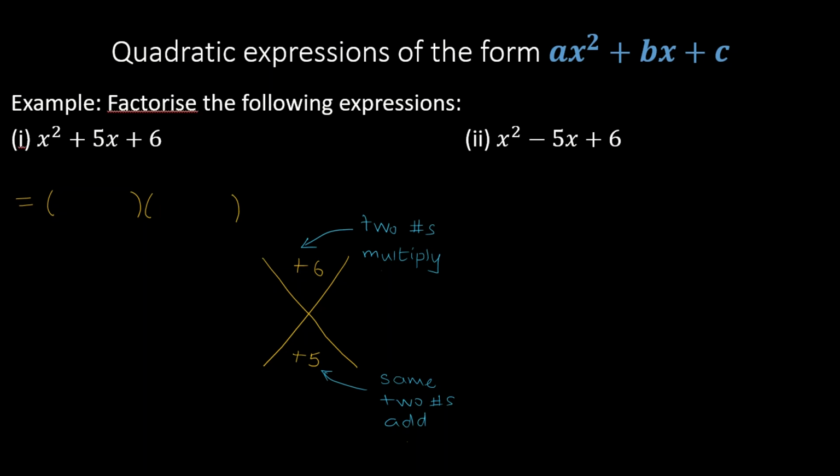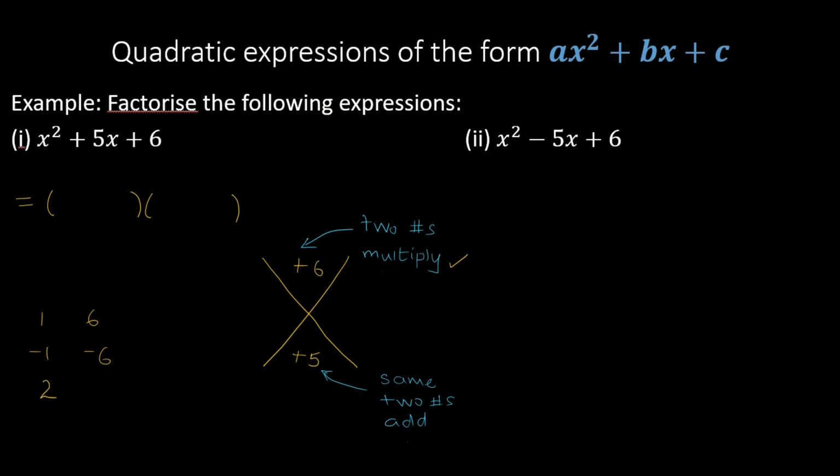Let us consider multiplication first. Let us write down the possibilities. When we multiply two numbers, it gives positive 6. What are the possibilities? We have 1 times 6 is 6. Or we have negative 1 times negative 6, because minus times minus will be plus, and 1 times 6, 6.